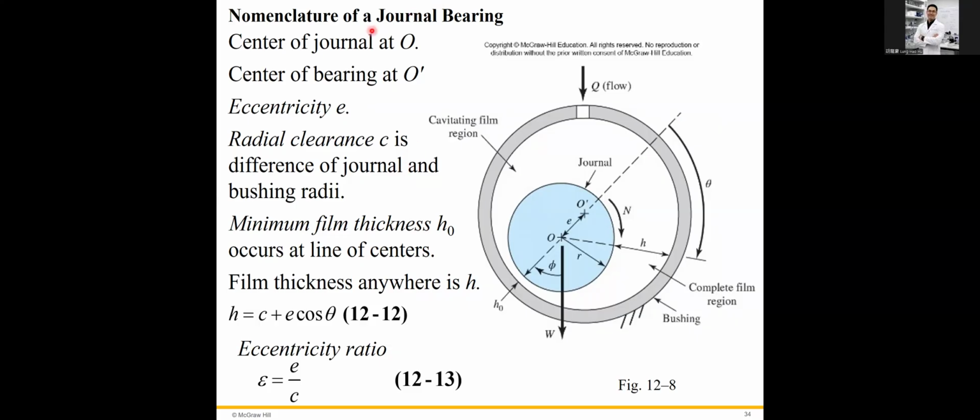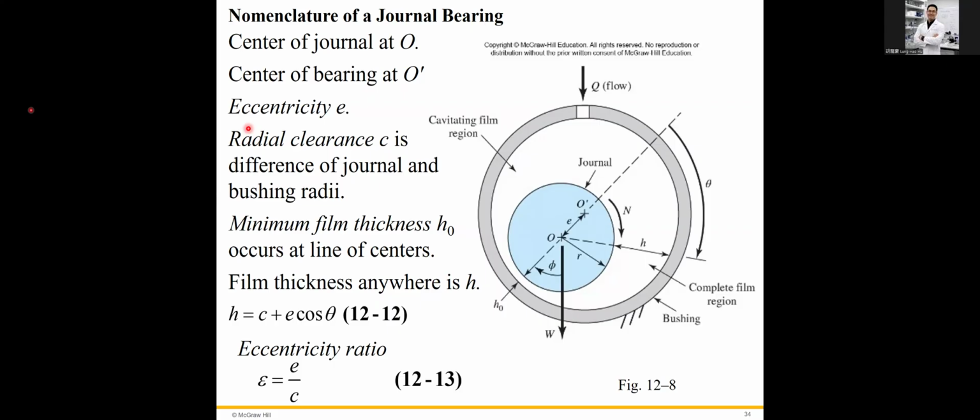First is the center of the journal, C, right here, and the center of the bearing, O prime, right here. And this eccentricity, e, is the distance between O and O prime. And the radial clearance, c, is the difference of the journal and bushing radius. So it's a constant. Remember the clearance c is a constant.